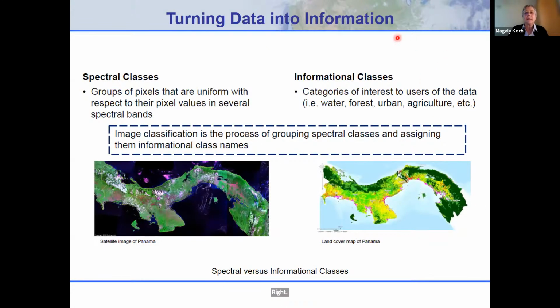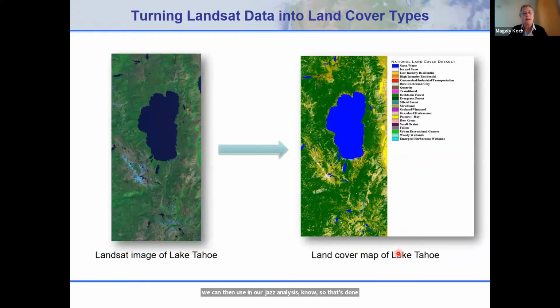And yeah, so we already mentioned that what the sensor produces is sort of a picture like this one here over Panama, which shows you in different colors the landscape. But we really want to extract information out of this picture that we can then use in our GIS analysis. No? So that's done through image classification. Here is another way of showing the same thing.